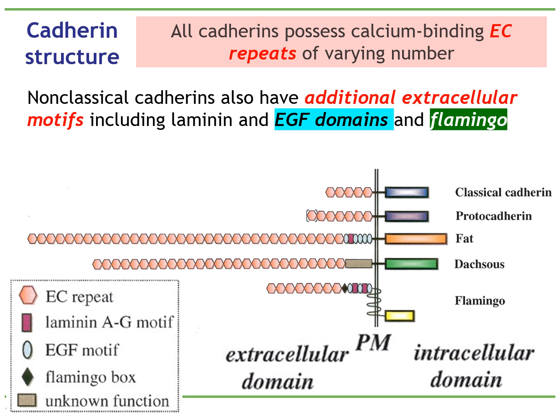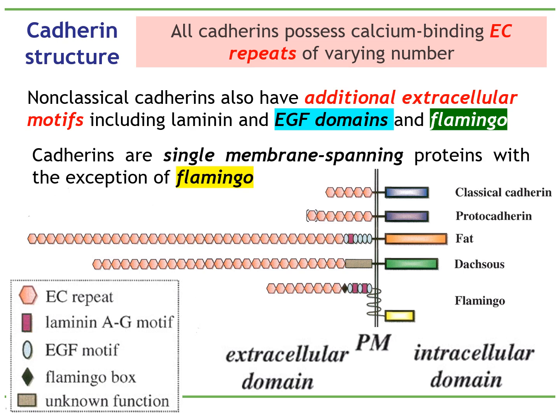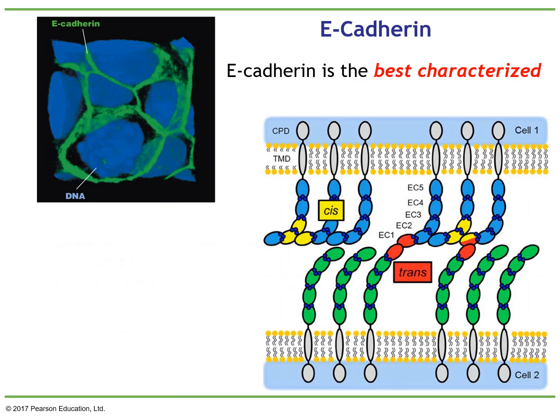The non-classical cadherins can have additional extracellular motifs, like here the EGF motif, or in flamingo that you see here. And in flamingo, as I said, they have this very weird transmembrane domain that goes multiple times over the membrane.